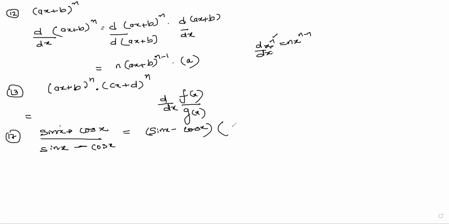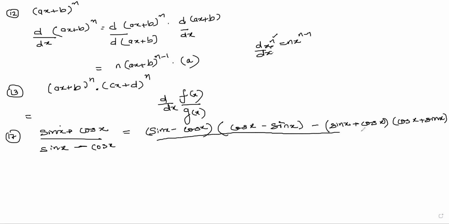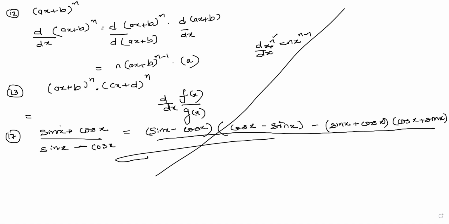What is the derivative of the numerator? cos x minus sin x. Then minus the numerator as it is, and differentiate the denominator. What is the derivative of the denominator? cos x plus sin x. Then the denominator squared. I had taken minus common, but nothing came out of it. Okay, okay, okay.